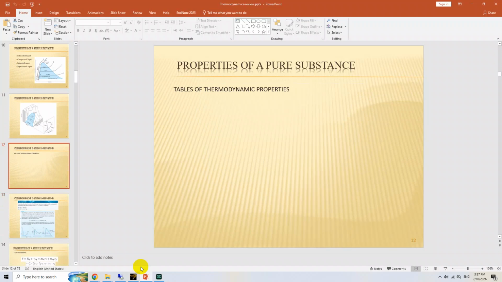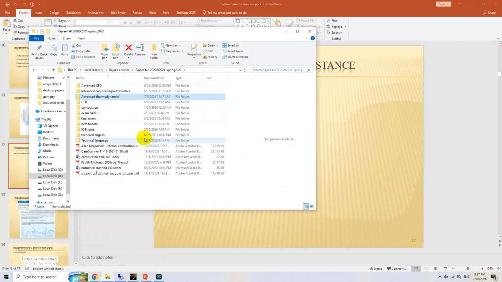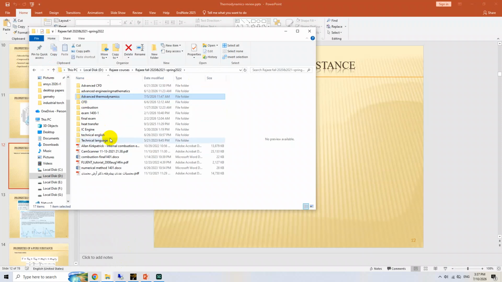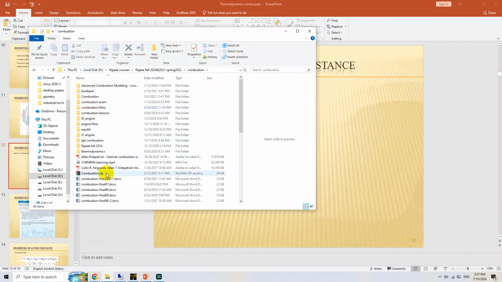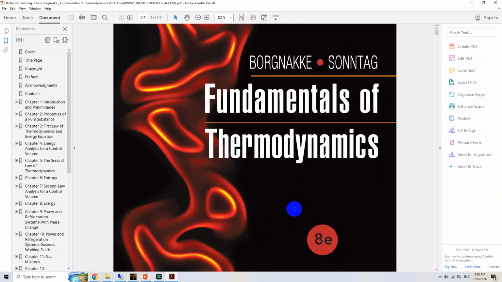We have the thermodynamics tables. We can review them with the book that we use in this lesson. The book that we use in this course is some parts of Van Wylen's Fundamentals of Thermodynamics.